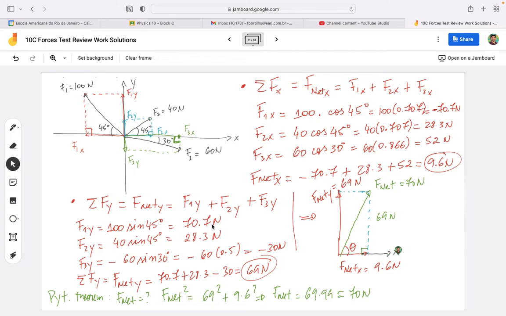And so for us to calculate this direction, we do inverse tangent of opposite, which is 69, to the adjacent, which is 9.6. So the direction is going to be, let's calculate it.